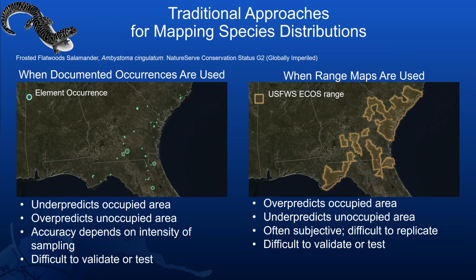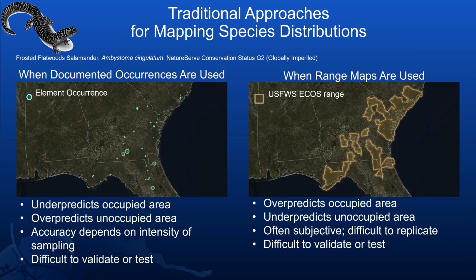A more common approach is depicted on the right. We use coarse range maps or even county boundaries in jurisdictions where the species is known or suspected to occur. But we definitely know this over-predicts the distributions of our target species. Habitat is almost never suitable throughout the entire area represented by these broad range maps.